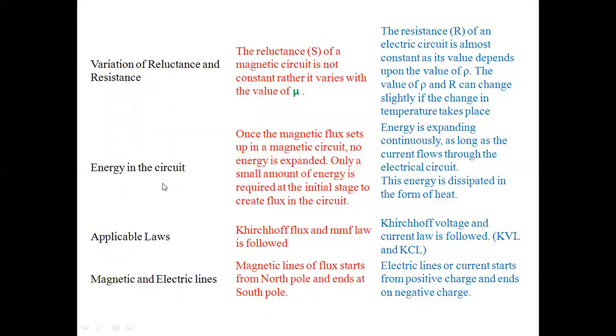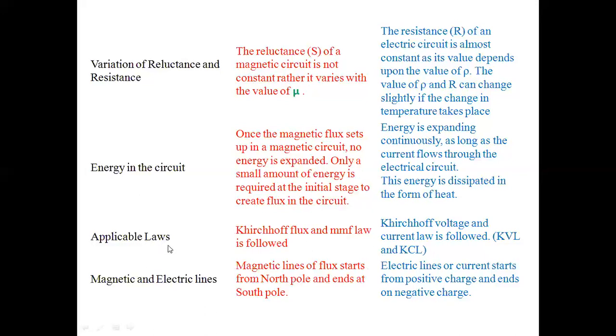Now energy in the circuit. Once the magnetic flux is set up in a magnetic circuit, no energy is expended. Only a small amount of energy is required at the initial stage to create the flux. But in an electric circuit, energy is expended continuously as long as current flows through the circuit, and this energy is dissipated in the form of heat.